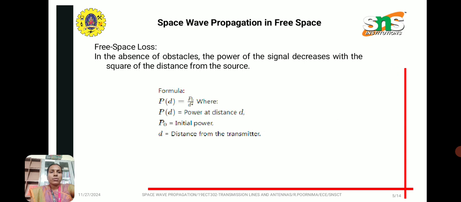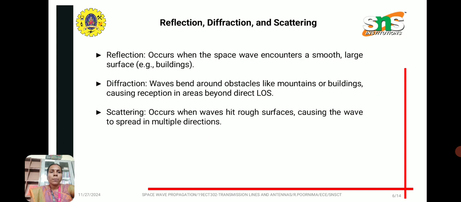Next, free space loss. In the absence of obstacles, the power of the signal decreases with the square of the distance from the source. So, the initial power and distance from the transmitter ratio is taken to calculate the power at a distance d. And reflection, diffraction and scattering.